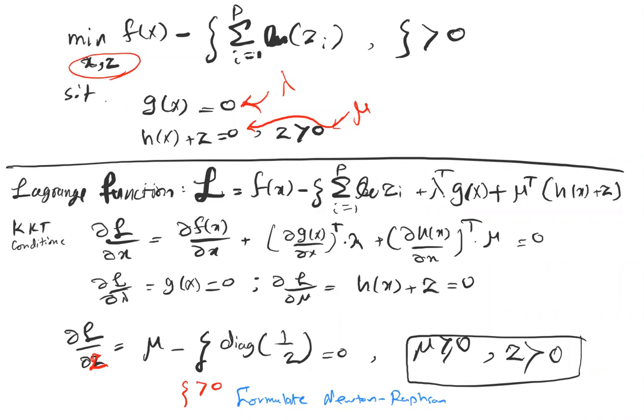Let's look at an example. I'm basically going to write the KKT conditions for this example so that you become familiar with how to transform your inequality constrained nonlinear optimization into an equality constrained nonlinear optimization, and then write the KKT conditions.